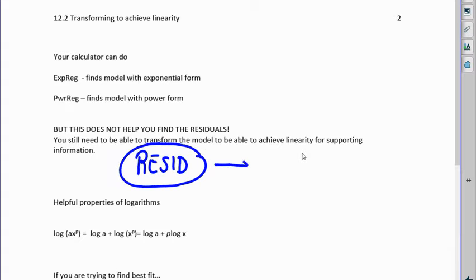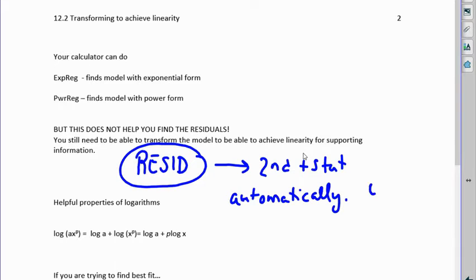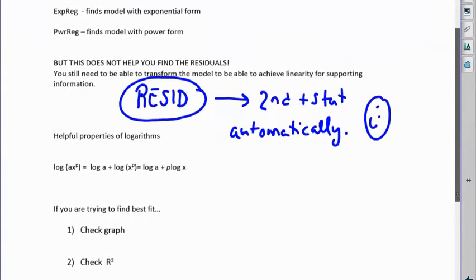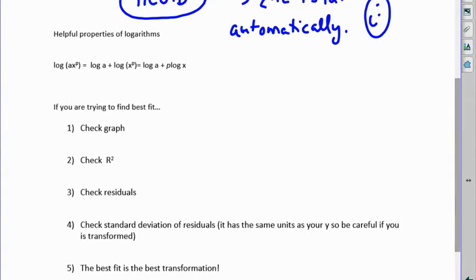If you click second stat and look at the lists in there, there's one called RESID, and it finds the residuals for any linear regression that you do. It's automatic, but at least you know how to find residuals. So we'll use that to make our life a little bit easier.